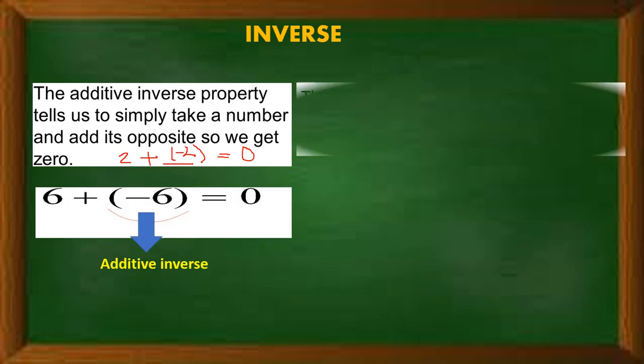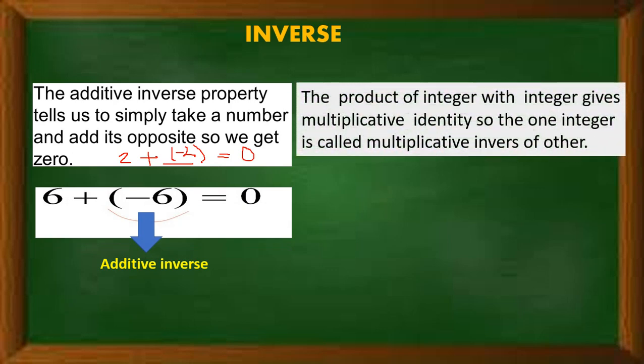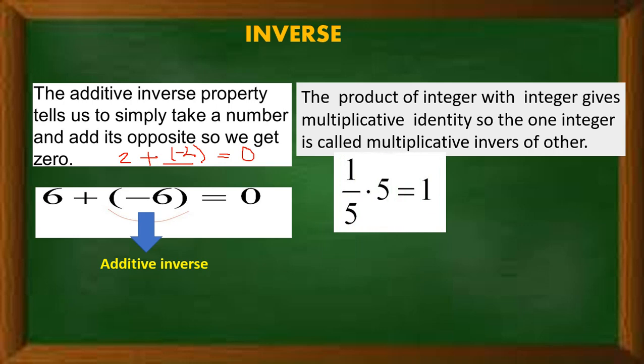The same follows with multiplication also. 5 is an integer and the multiplicative identity is 1. So what do we have to multiply with this 5 to get the multiplicative identity 1? 1 upon 5.